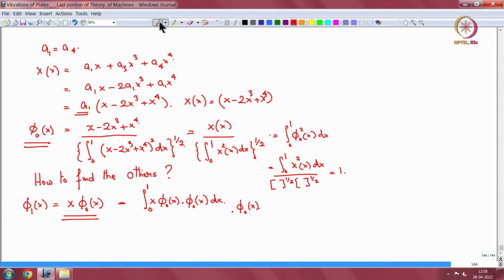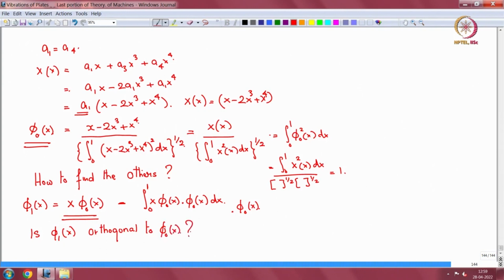Okay. Now, how do we know phi 1 of x is now orthogonal to phi 0?